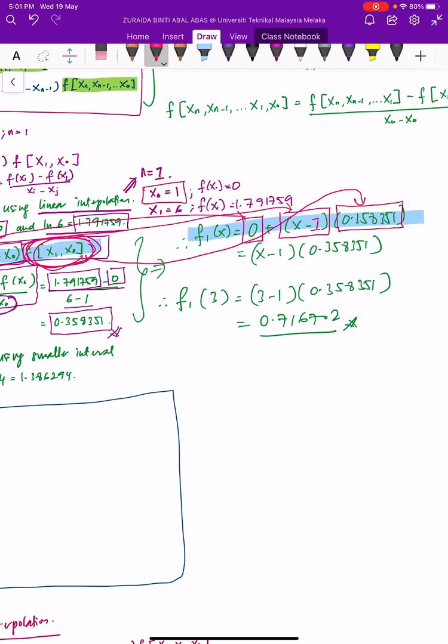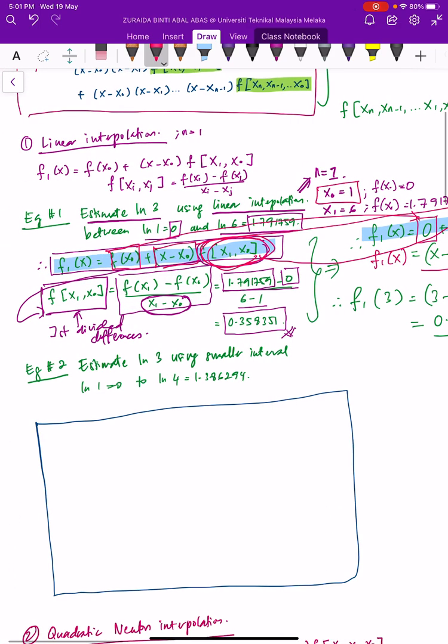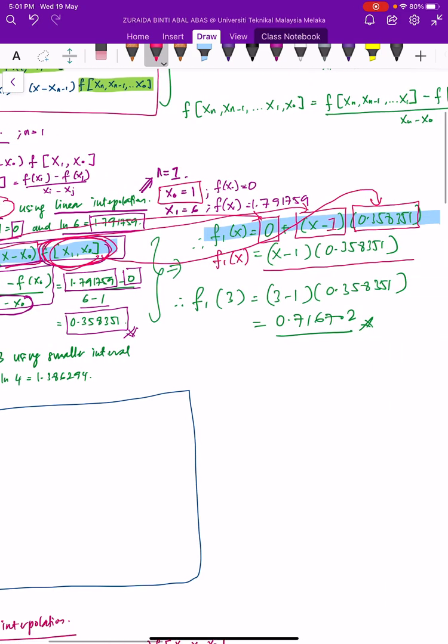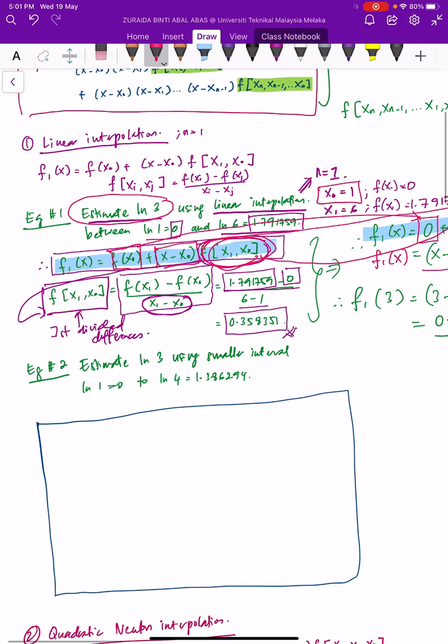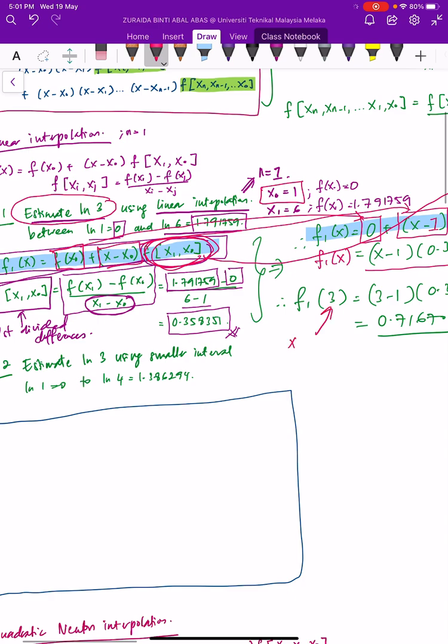The first divided difference is 0.358351. When you solve this, you will obtain this equation, so this is f1(x) in terms of the equation. Now, the question asks you to estimate ln 3, so your x is equal to 3.